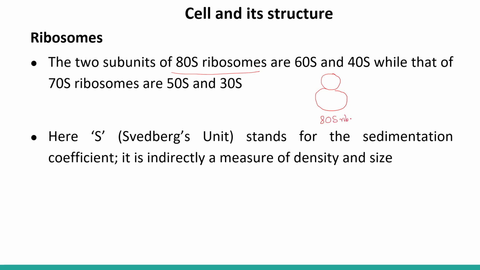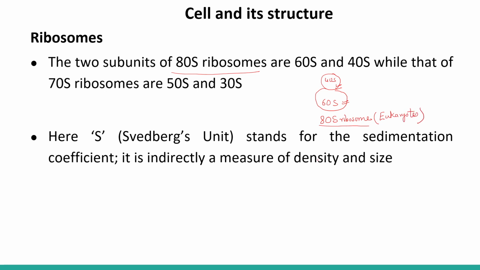This is the 60S and this is the 40S, meaning the larger subunit is 60S and the smaller one is 40S. So this is the 80S ribosome present in eukaryotes.